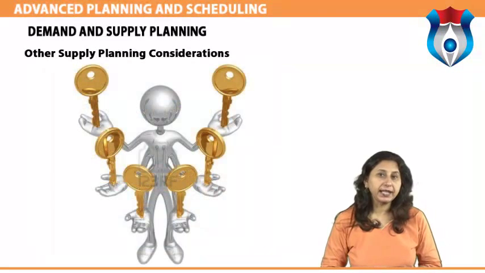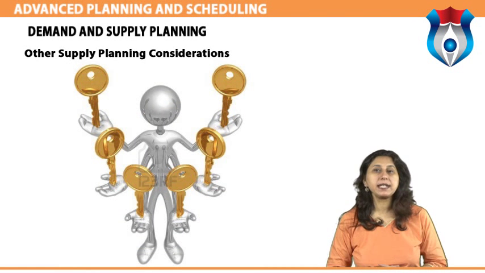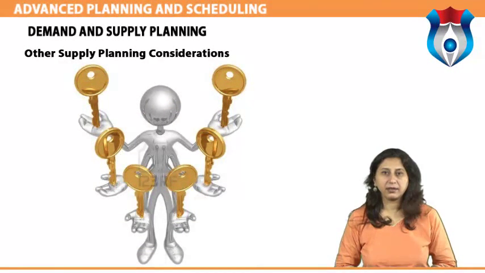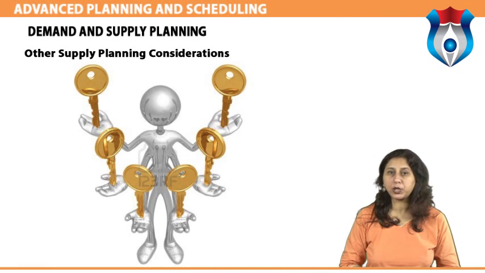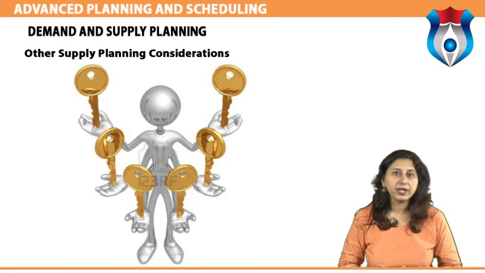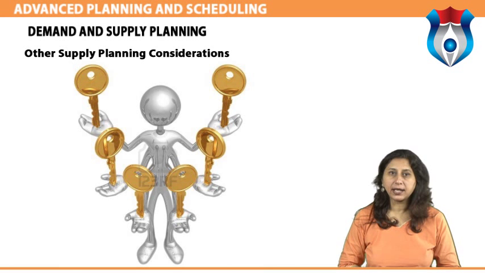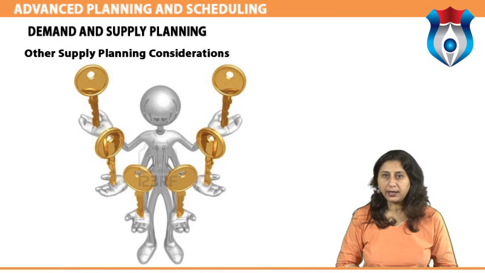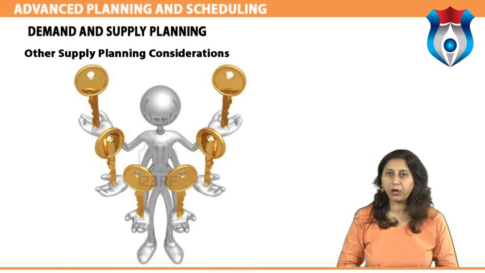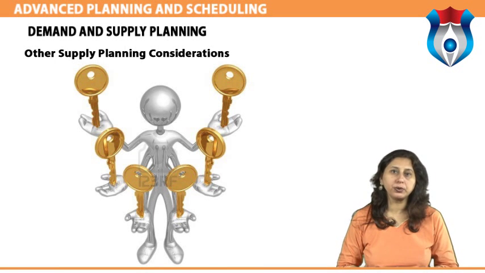Other supply planning considerations. Multi-user functionality. While other APS modules, demand plans, network optimization, and factory scheduling often function as single-user applications, supply planning software, as required by the business problems being addressed, is most often a multi-user tool.